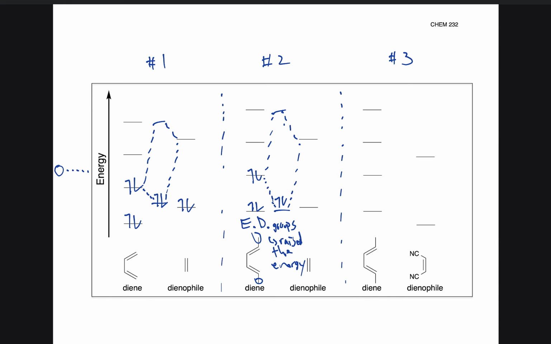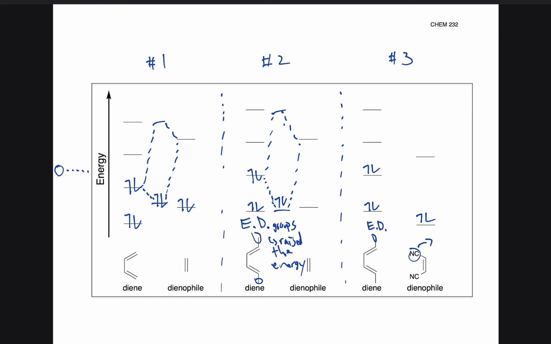And this is even more true when we have our number 3 reaction, where again we have our electron donating groups, our methyl groups here. They're a little bit more electronegative than hydrogen, so they're donating some electrons into our system. And in our dienophile, notice our energy has dramatically lowered now, with these nitrile groups.